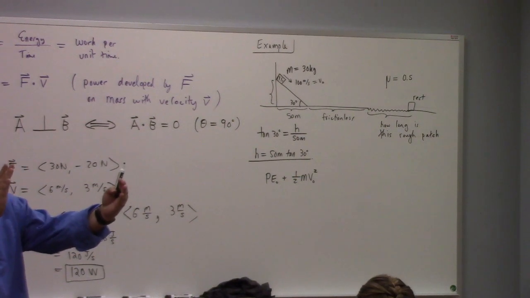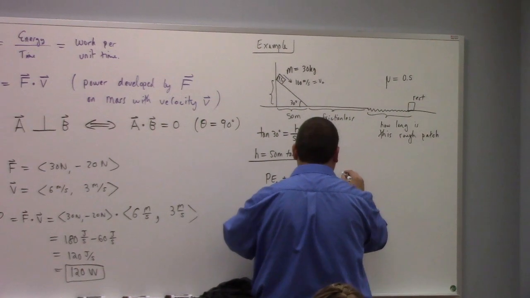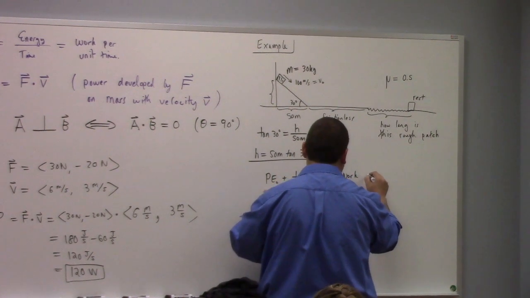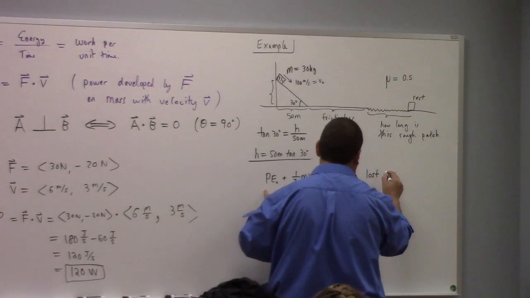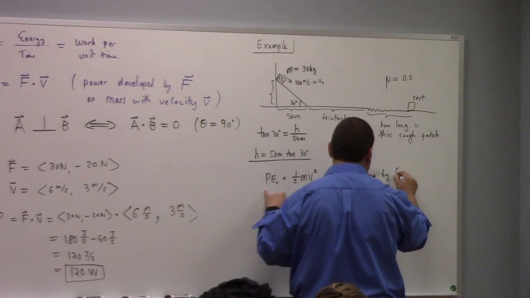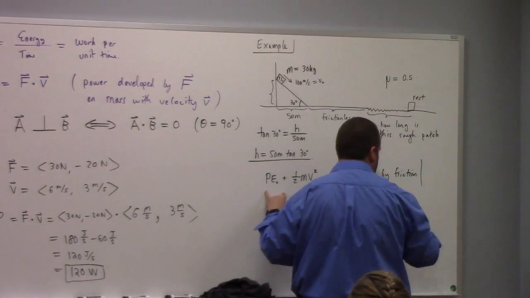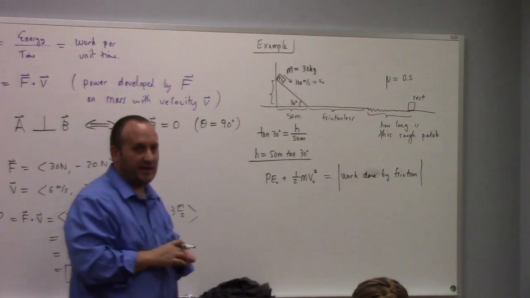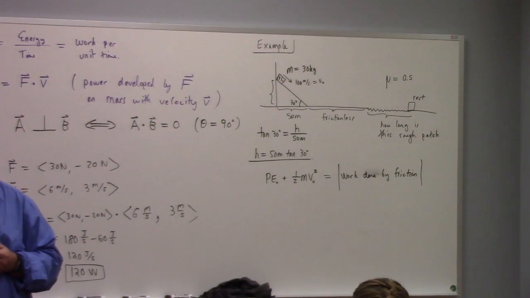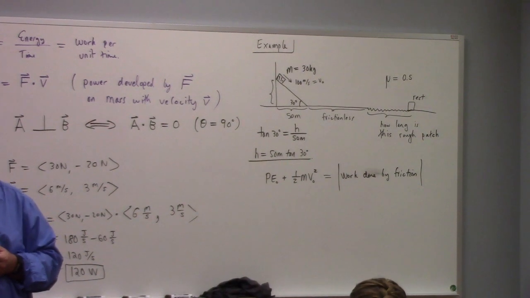So if you think about that, this energy must be equal to the work done by friction. But that's not quite accurate. I really have to put absolute value bars there because the work done by friction is negative. In other words, the energy lost to friction is equal to the energy we had at the start.